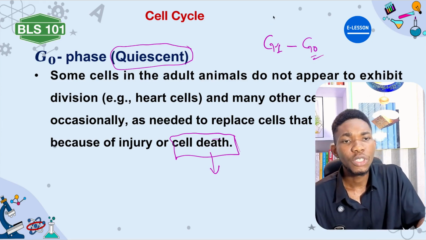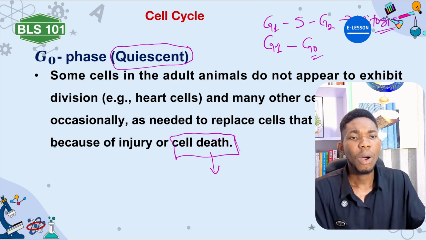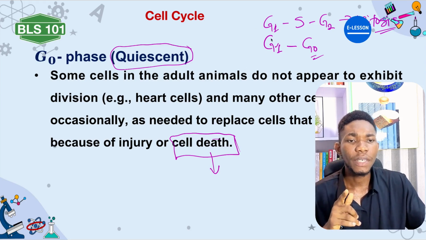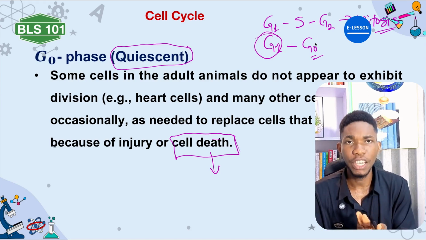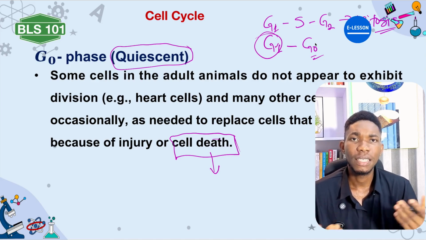It does not go from G1 to S phase to G2 and then to mitosis. Are you getting it? For this phase, once it leaves the G1 phase, it goes to G0, which is more like hibernation. You know when something hibernates, it's dormant. It's not actively doing its activity.